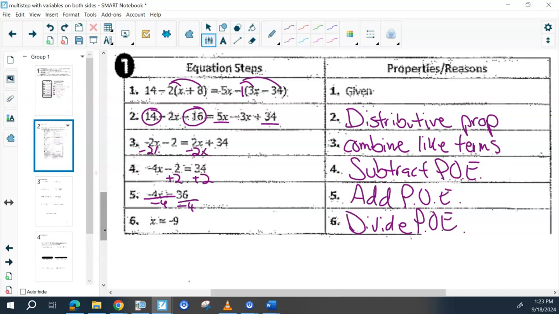Check your answers with mine. Some of us were still doing 6, but we should have been doing number 7. Do we have any questions on that?